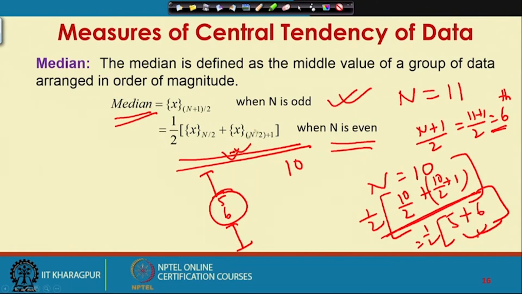This is correct, no problem here. We have to calculate median depending on whether the number of observations is even or odd, accordingly.